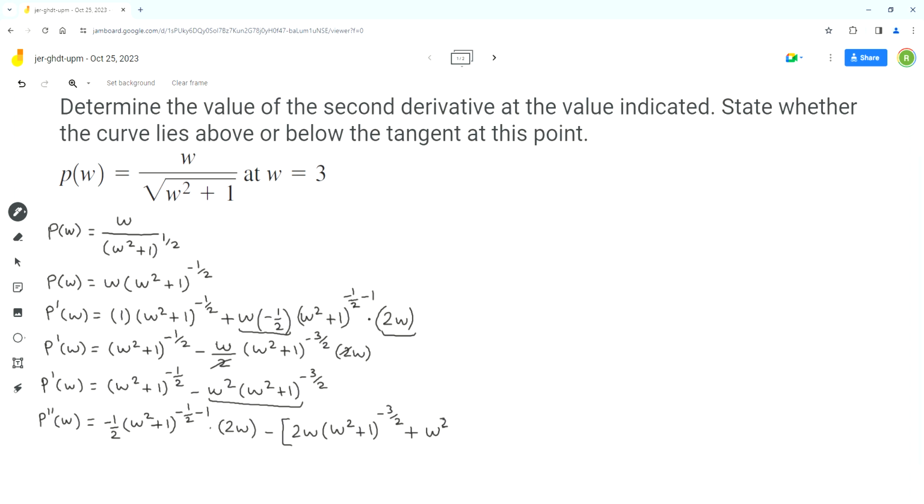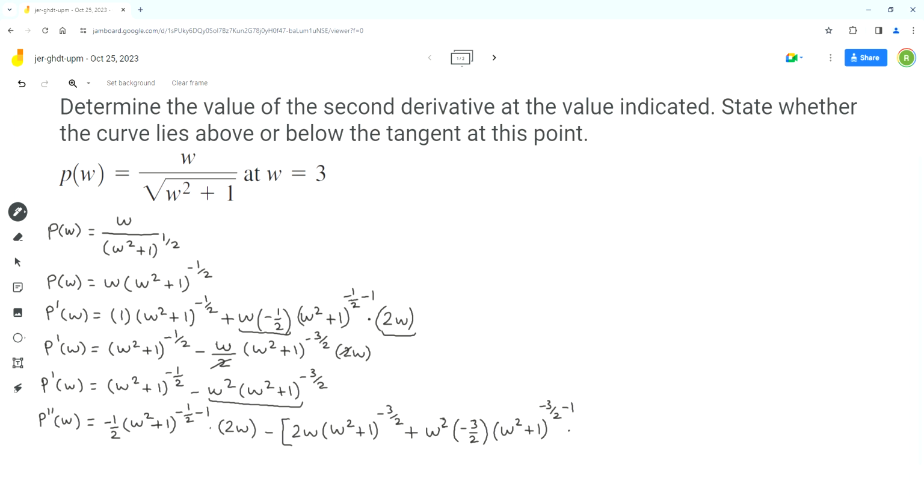Now for the second term, we'll have to use the chain rule. So we'll start with the derivative of the outer function. We'll move the exponent to the front, so negative 3 over 2, and we'll subtract 1 from the exponent, times the derivative of the inner function.